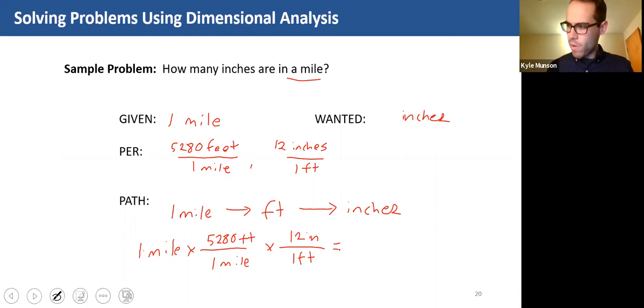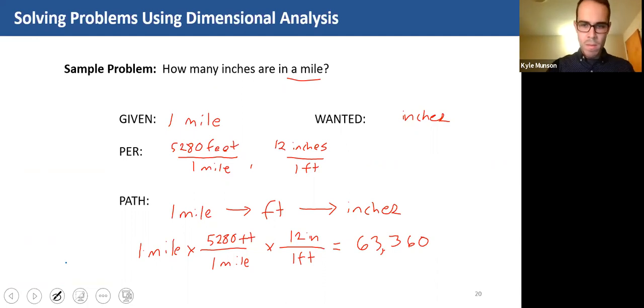Okay, so I actually don't have this number written down for whatever reason, and 1 times 5,280 times 12 is 63,360 is the number I'm getting here. So let's do that, 5,280 times 12. Yep. And for practice, just for practice, why don't you convert that into exponential notation based on our last video?